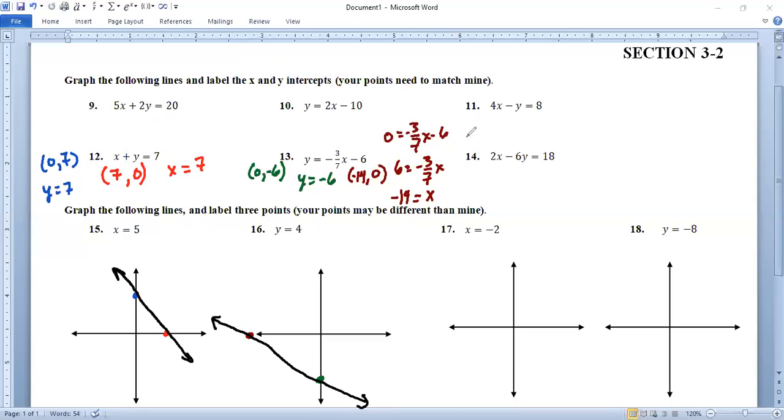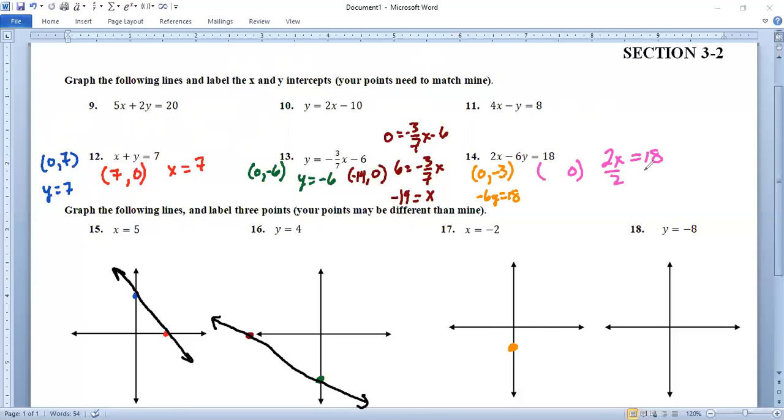And now number 14. So stick in 0 for x, and we get 2 times 0 is 0, minus 6y equals 18. That one we can solve. Divide by negative 6, and y is negative 3. So 0, negative 3 is about right there. And then stick in 0 for y, and we end up with 2x minus 0 equals 18.